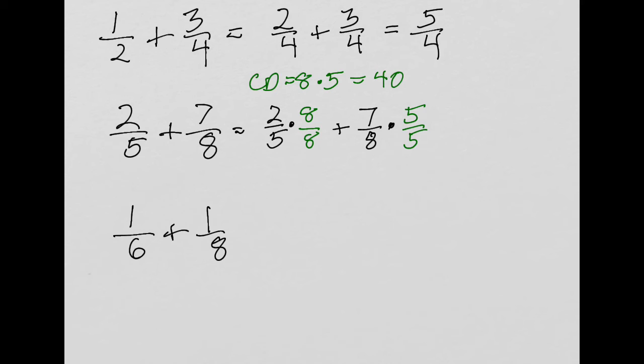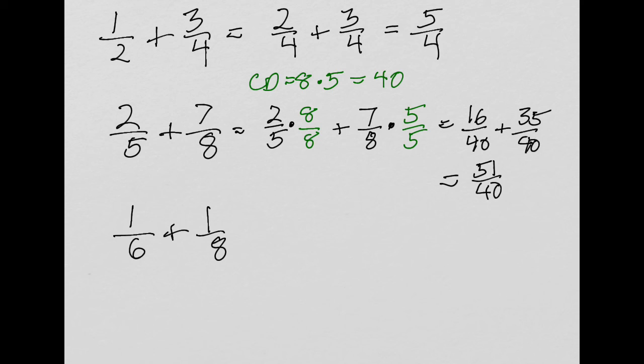I'm just multiplying by the other one there. And that will give me 16/40 plus 35/40. And when I add those together, I end up with 51/40.